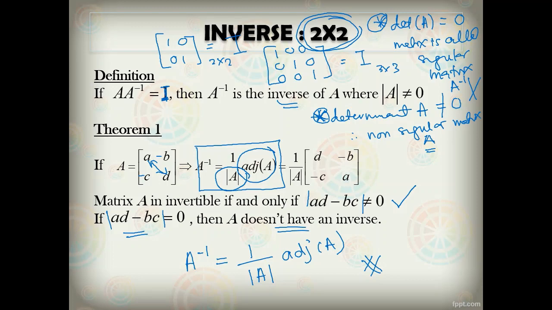For B and C, you just multiply with the negative, so it becomes negative B if B is positive, and negative C if C is positive.